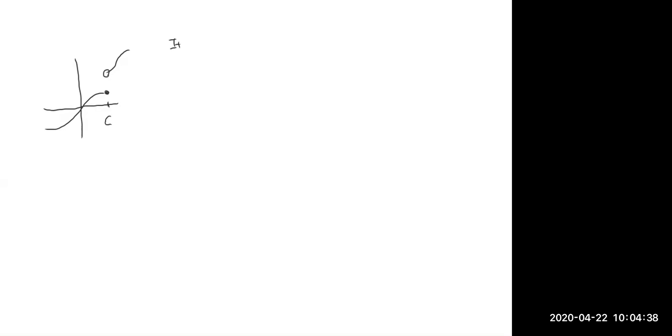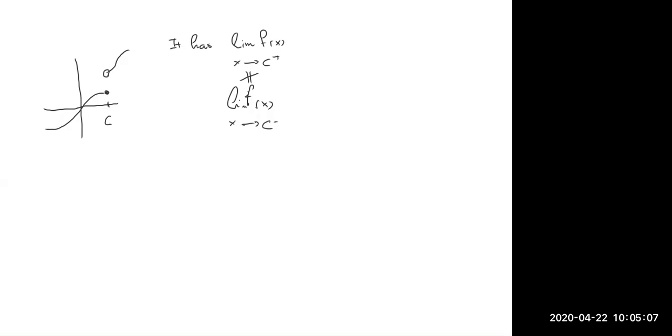The function f has a right limit at C, the limit of f of x when x goes to C from the right, and it exists. The limit of f of x when x goes to C from the left exists. But these two things are not equal, right? That's one kind of discontinuity.